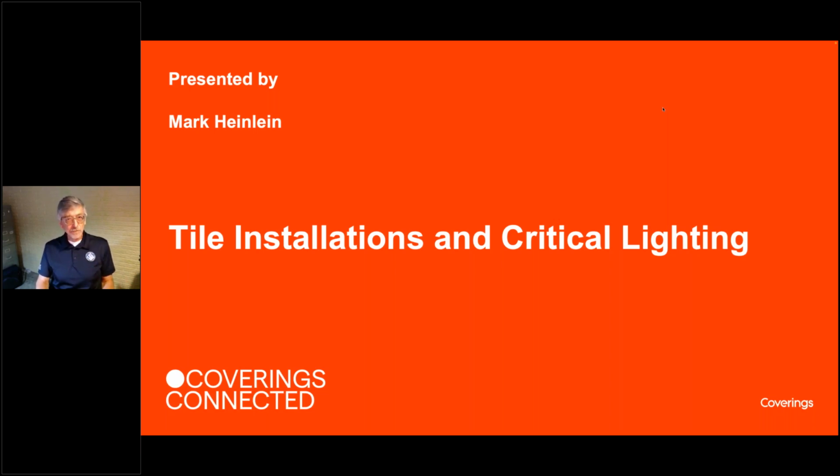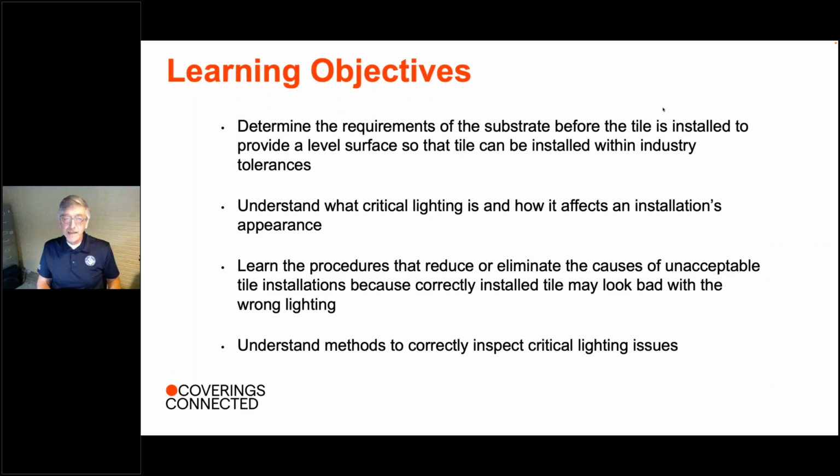This isn't a substrate class, but you're going to hear me talk about the substrate a lot, and a few other things as well. Let's get started, and this is what we're going to learn about today. We're going to learn about the requirements of that substrate before the tile is installed to provide a flat surface that meets the tile industry standards. And of course, we'll learn about critical lighting and what types of lighting and how they affect a tile's finished appearance.